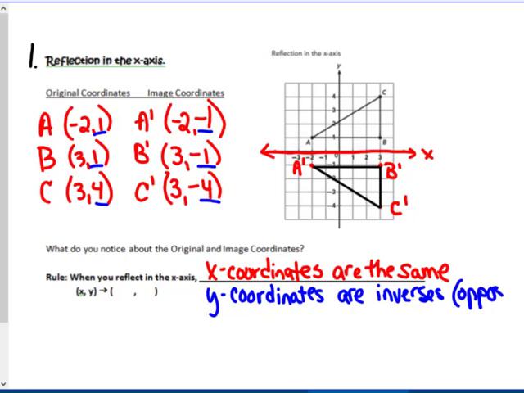They become their opposite, their inverse. So x remains x, and y is its inverse, -y, or the opposite of y. So when you reflect over the x-axis, the y coordinates become their opposites.